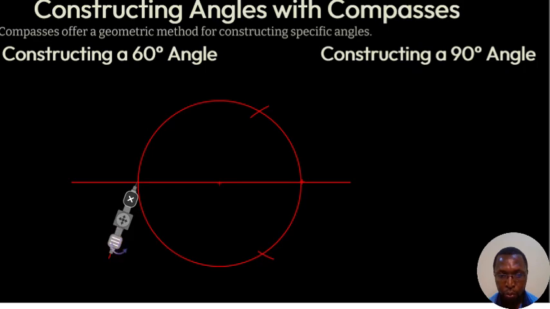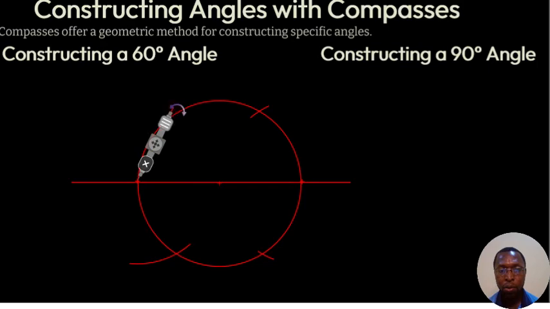Make sure you move close to the circle before you make your arc, because then you can rotate again. Then you make another arc here too, and then you move your compass again to this point and make an arc up like this.